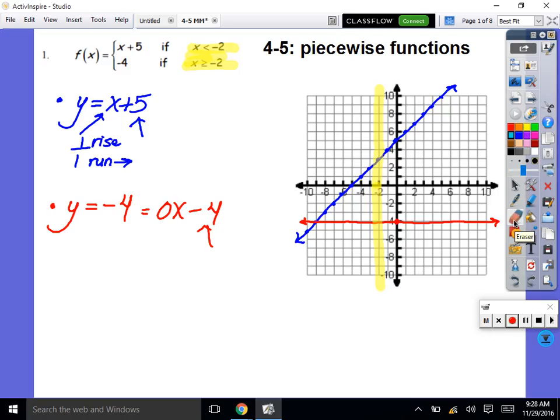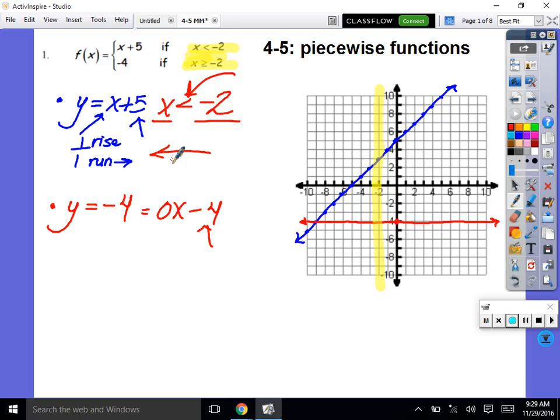So now we're going to focus on this piece right here. Sorry. So we're keeping this function. Look back up here. The restriction was x values less than negative 2. So let's just focus on erasing this one, the blue line, or the line right here. So we're keeping this function for x values less than negative 2. Now notice the arrow is pointing that way, correct?